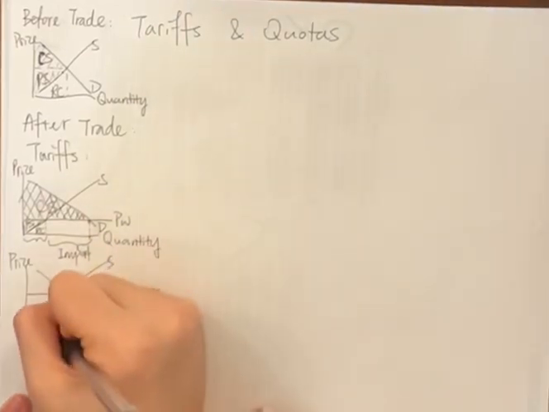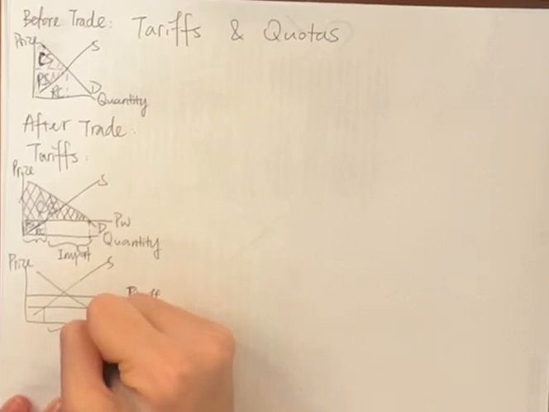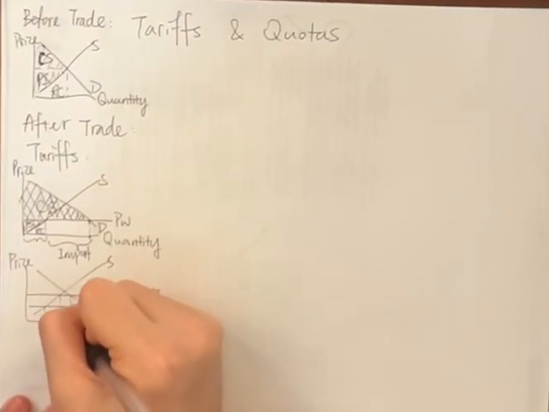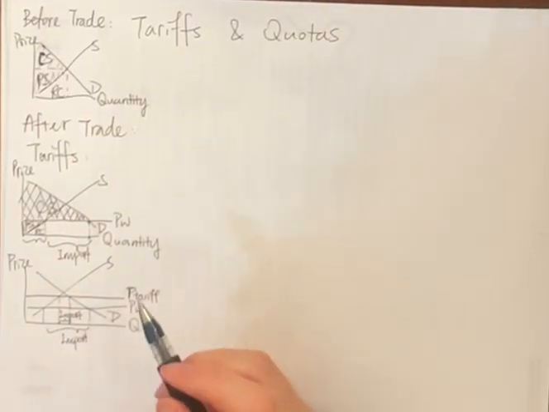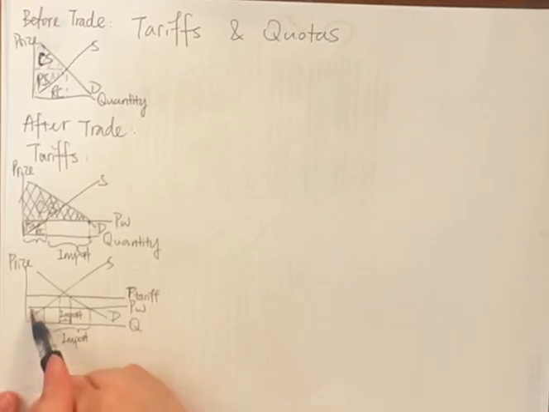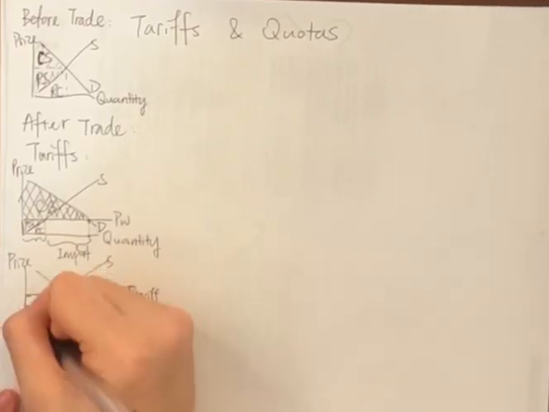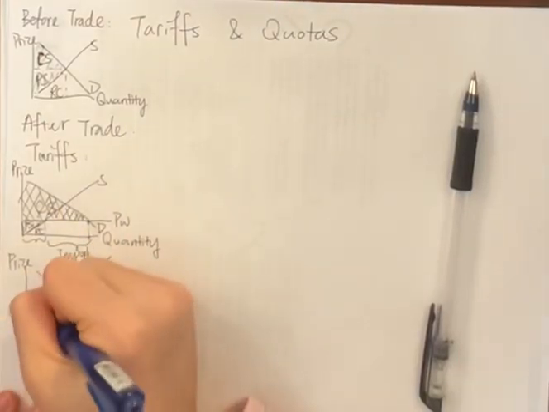Then this is the amount of imports before we set a tariff, and this is the amount of imports after we set a tariff. And you can see that this small triangle of producer surplus becomes this larger triangle.